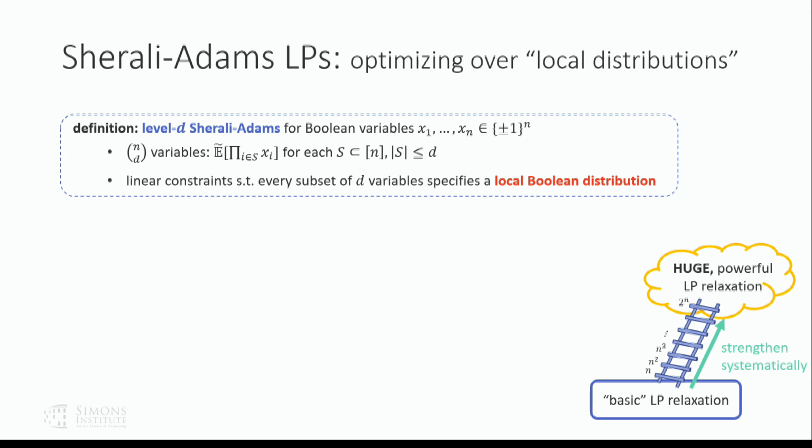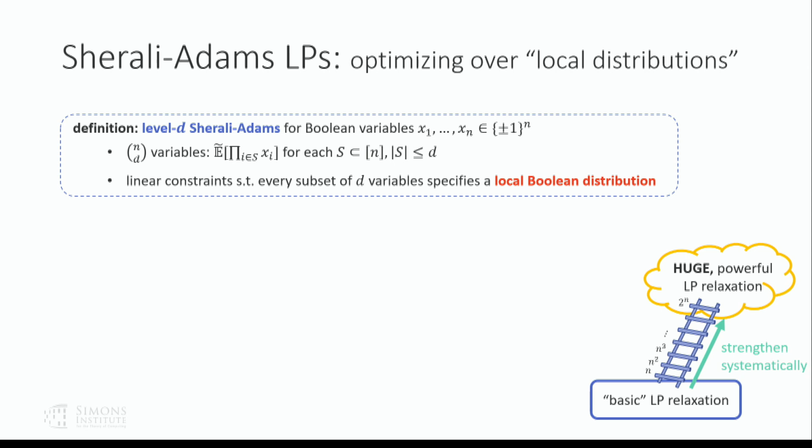In Sherali-Adams at level d, this is a relaxation for optimization over the hypercube in n dimensions. I'm going to have n choose d variables, one for each subset of the n variables of size at most d. So I get what I'll call the pseudo-expectation of every monomial of size at most d.